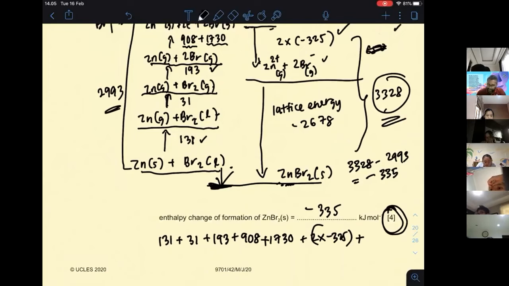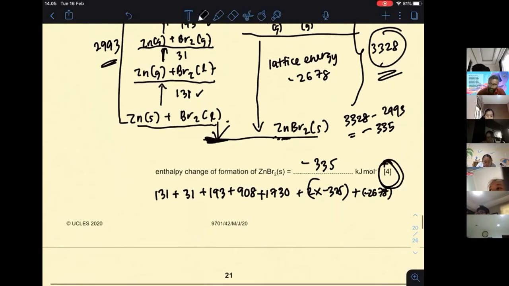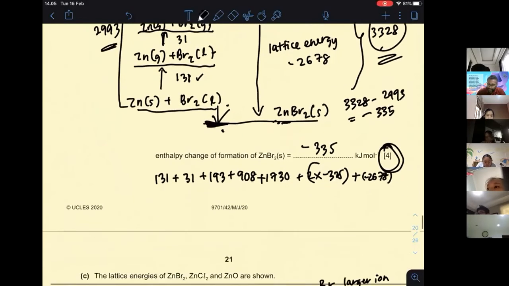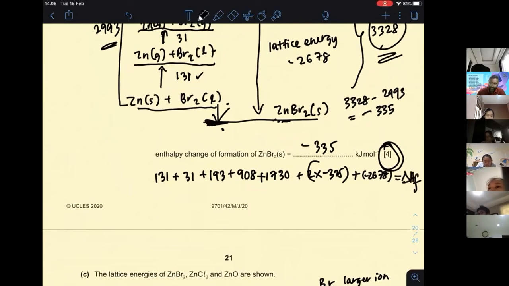So plus negative 2678. This is anti-clockwise equals enthalpy of formation. So you calculate, you are going to get enthalpy of formation is going to be negative 335. So if the examiner wants this method of working, you can also write it down, no problem.